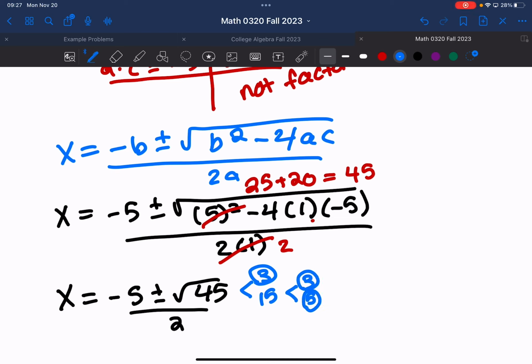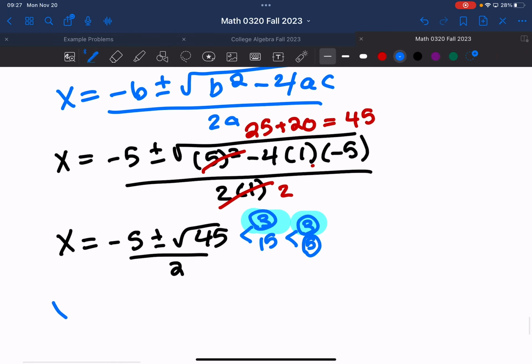And we're circling a pair of the 3s. Where's the 3 going to go? And where's the 5 going to go? Inside. So x is equal to negative 5 plus or minus 3 square roots of 5 over 2.